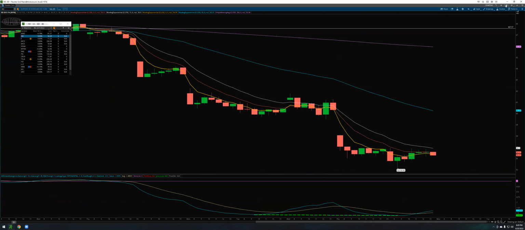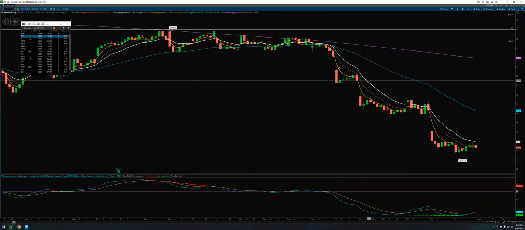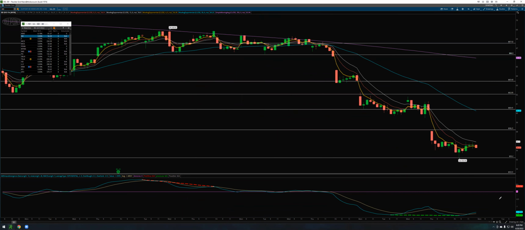It's the hourly. Okay, so we have this level here. I was saying I don't see any. Okay, so you have this one, we have a gap here.